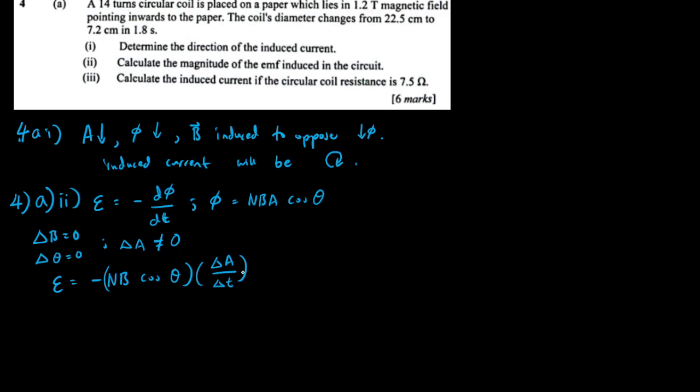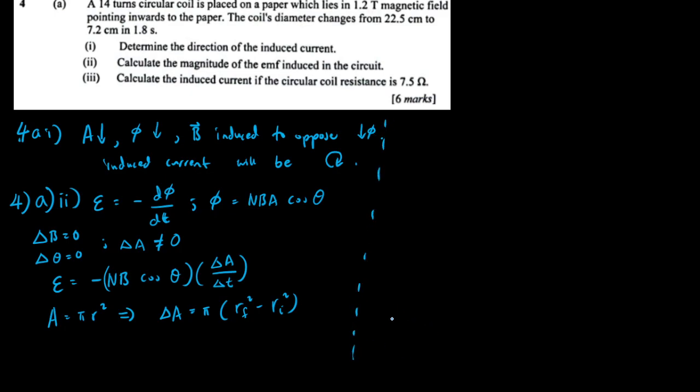Again, let me just remind you that your area of a coil is going to be pi r squared. So your delta A is going to be pi times r final squared minus r initial squared. That's just a quick reminder.